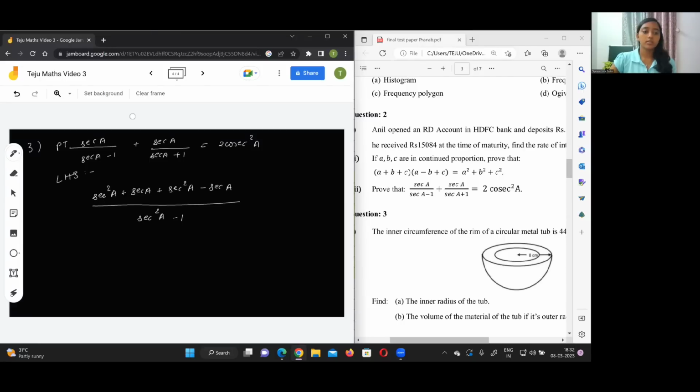So what we then get is secant A minus secant A cancels, 2 secant square A by secant square A minus 1.